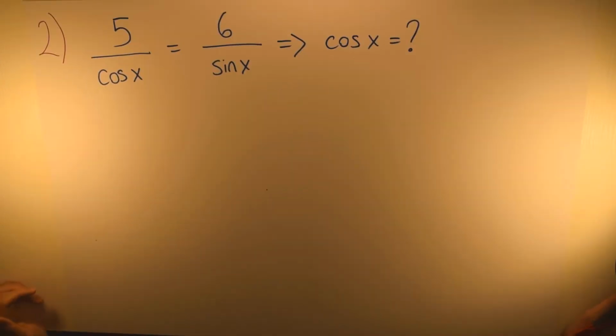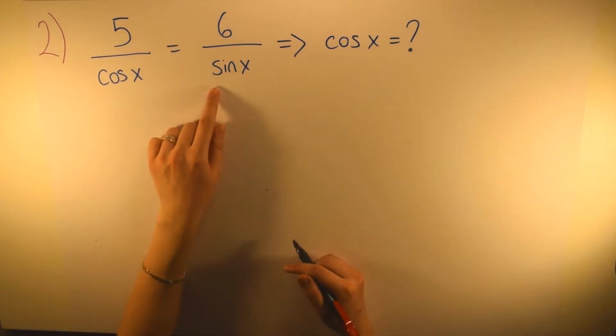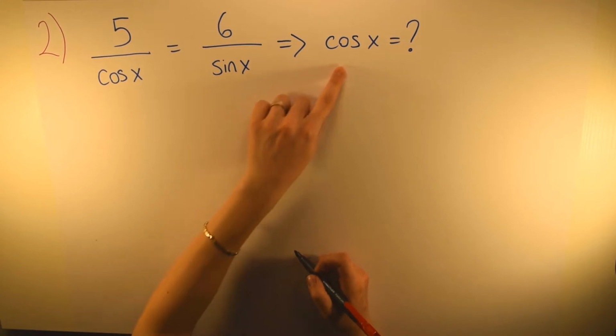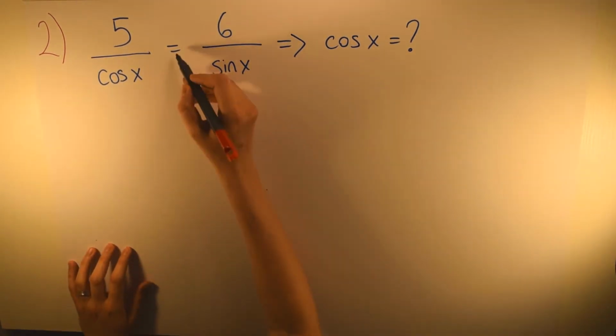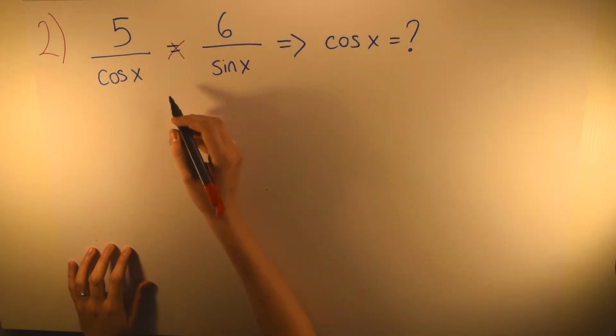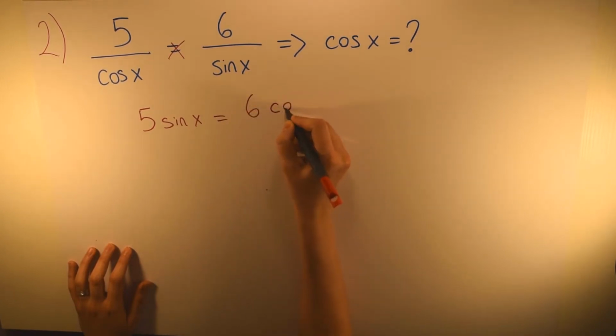Let's continue with our second question. Here we have 5 over cosine x is equal to 6 over sine x, and cosine x is asked. Let's first start with cross multiplication. So we will have 5 sine x is equal to 6 cosine x.